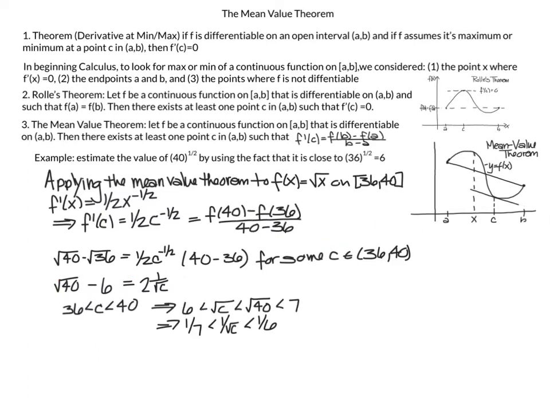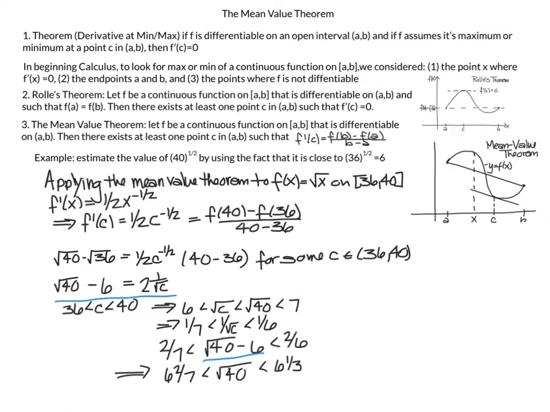Because c is in the interval between 36 and 40, taking the square root of everything, we have 6 is less than square root of c, which is less than square root of 40, and the square root of 40 is less than 7. I chose 7 because it's 1 greater than 6. So taking the reciprocal of everything, we have that 1 over the square root of c is bound between 1/7 and 1/6. And now I'm really close.